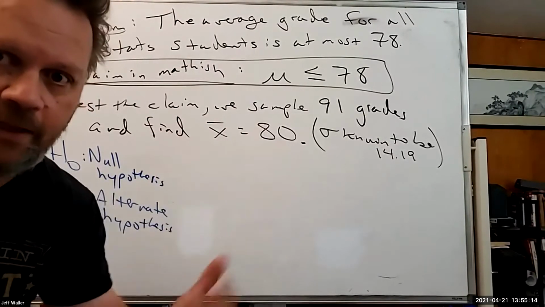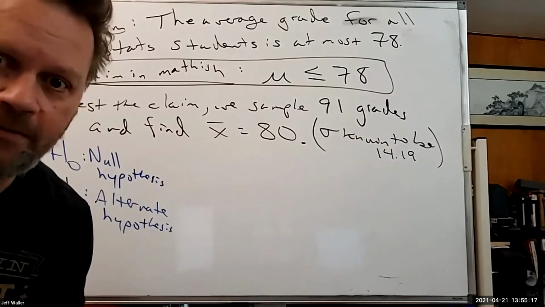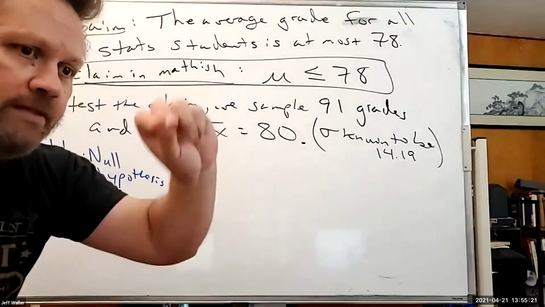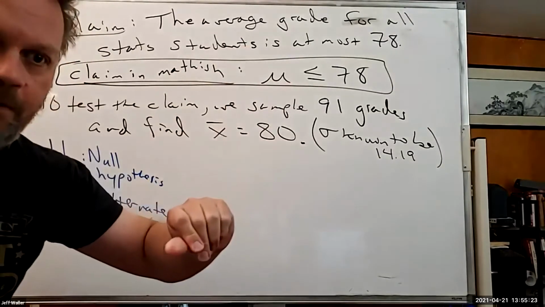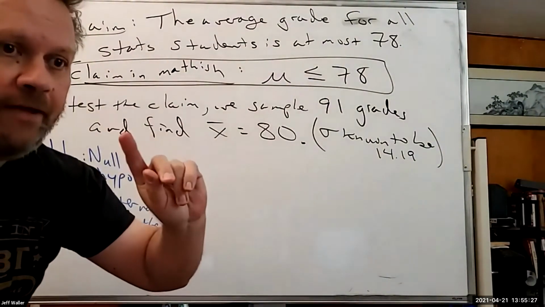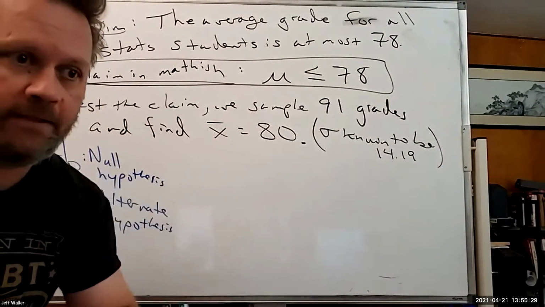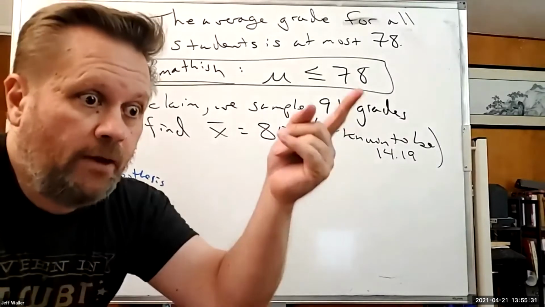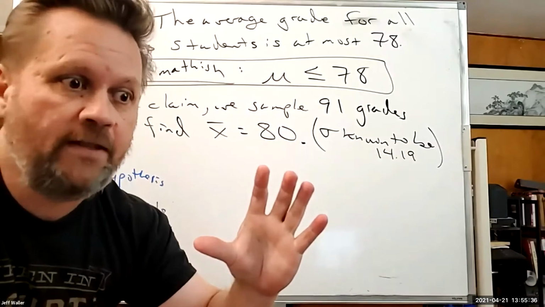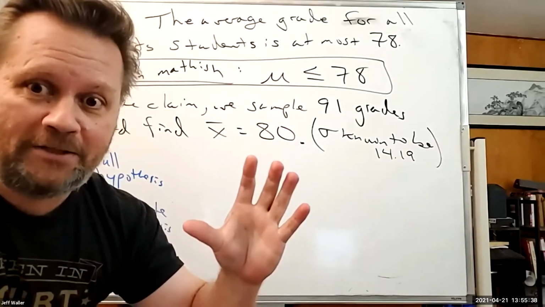Does that mean that the claim is true? No. It's just a sample. So I can never prove that something equals something with a sample. I can show evidence that it's not equal to. So if somebody's like, I think the average age of the people in that room is 20, and we take a sample of 80 people and the average is 73, screw your claim.